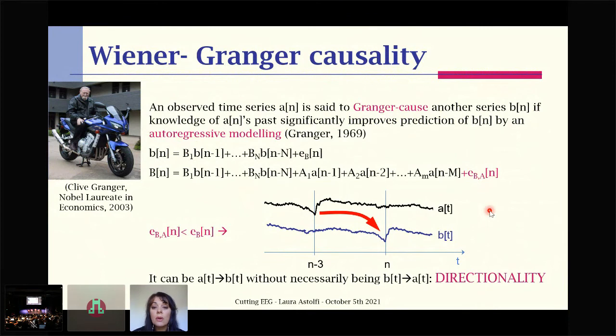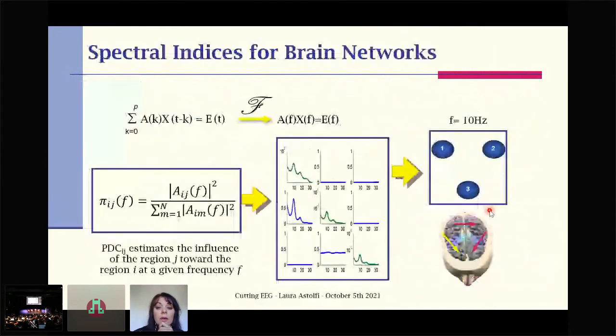There is also a frequency version of that, which is based on a frequency version of the model, and which describes how causality in the statistical sense is distributed at different frequencies and allows to build a connectivity pattern like this at a specific frequency or at a specific frequency band. Again, there are many methods that are derived from this definition.